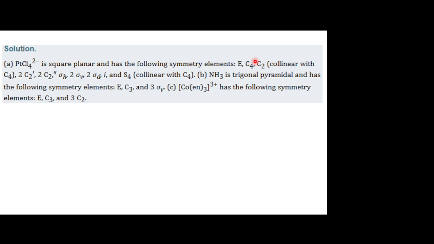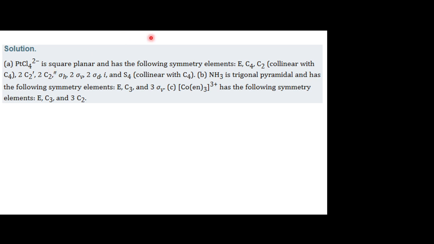And then we have a C2 double prime. This one is a little hard for me to show because there's nothing to grab, but this is the axis that goes like this, like rotating the X sign. Not as easy to do physically, but I think you all got it.